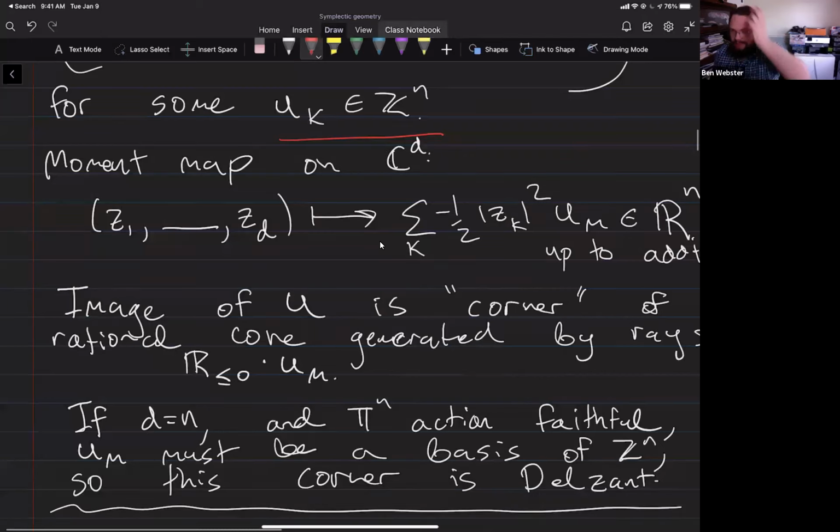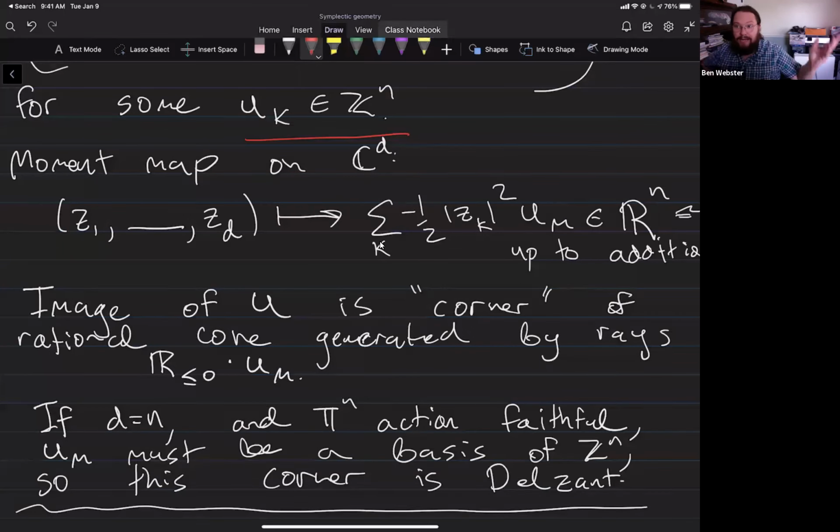Now, since D is totally arbitrary, I could get anything here. I could get the whole neighborhood around the origin. I could get a big complicated cone with lots of different rays in it. But for the symplectic toric case, it's much more restrictive.